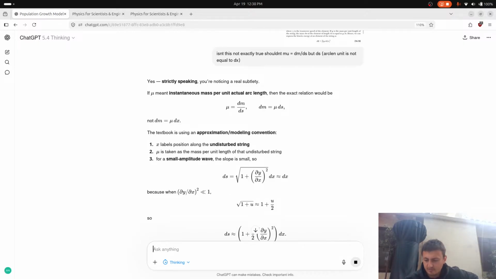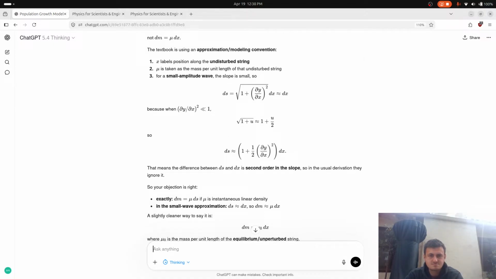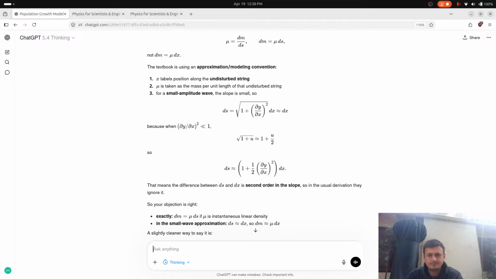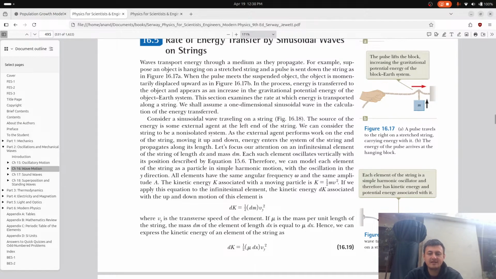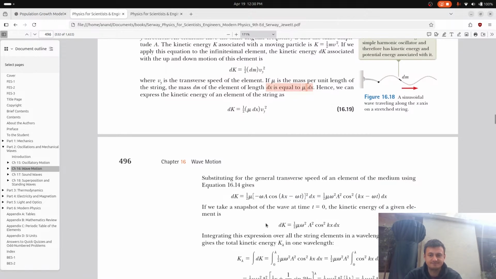This is the thing that I hate about this physics class so far. There's just so much, I don't know, it's just not as strict. Or at least I wish they would say that, hey, this is an approximation.